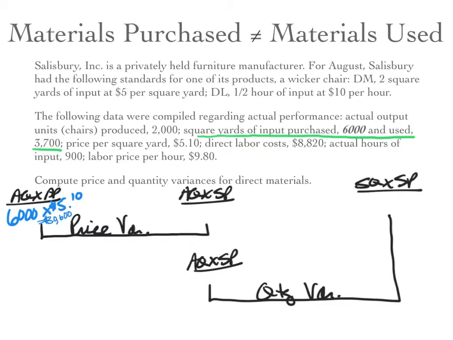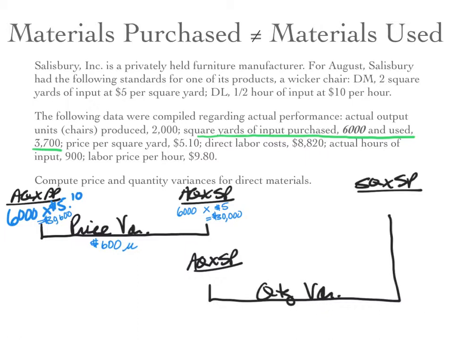My middle peg, actual quantity purchased, is still 6,000. The price I should have paid is $5. So that gives me $30,000 here. So my price variance would be 600 unfavorable because we paid 10 cents more than we should have.